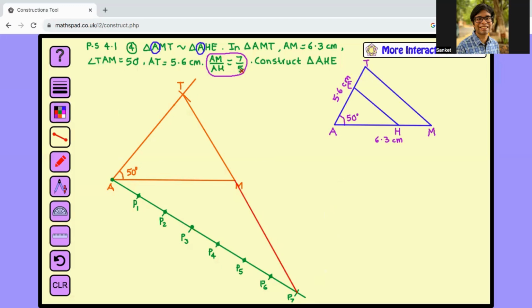The smaller triangle corresponds to 5 parts. So from P5, now I'll have to draw a parallel line to P7M. You see the segment P7M. I need to draw a parallel line to this line from P5 because the smaller triangle corresponds to 5 parts.